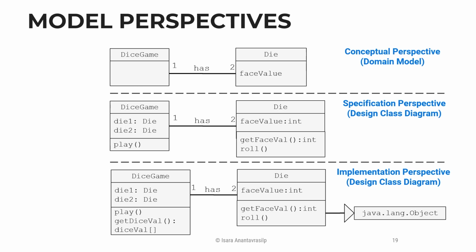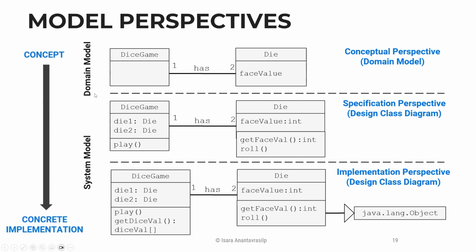If you are using other languages, C# or C++, you have some specific data types, structures or other libraries provided by those languages, and now you are depending on those types or those classes. That means you are moving further, more detailed, more concrete, from just the concept to concrete.